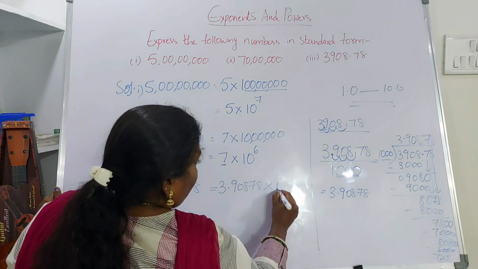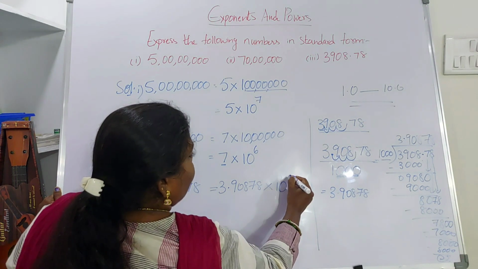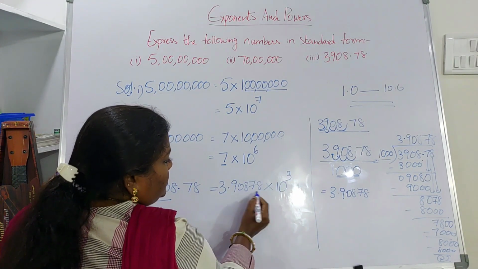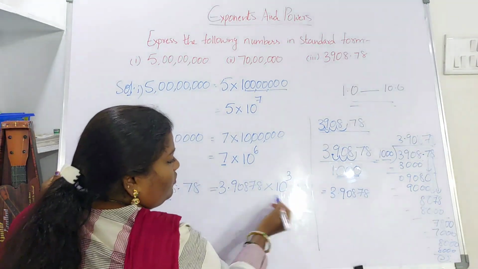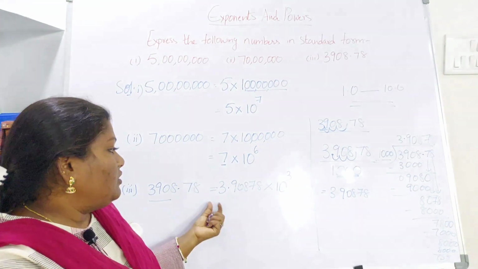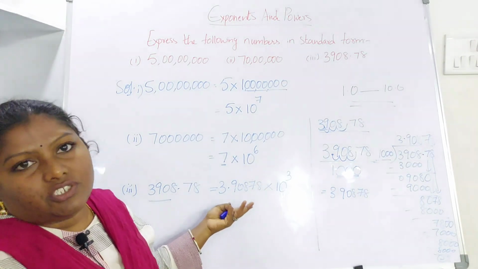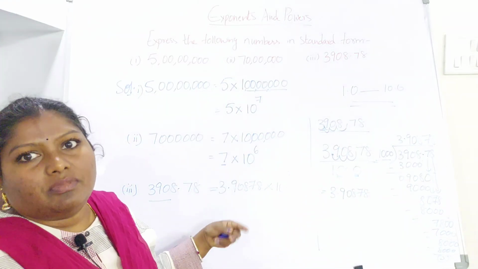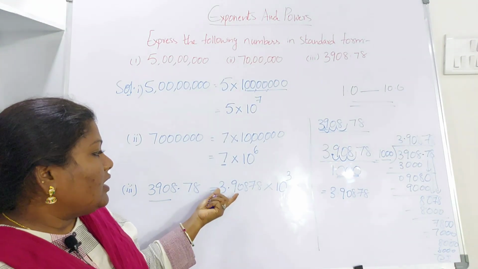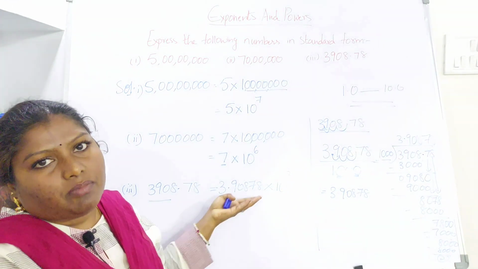So it is 10 to the power of 3. So here I have just decreased this and made it into exponential form. If you have an idea of decimal fractions, you will be able to understand this. If not, in the next video I will be uploading the decimal fractions. You can go through it once. So this is simply converting the number into a smaller number by dividing with multiples of 10.